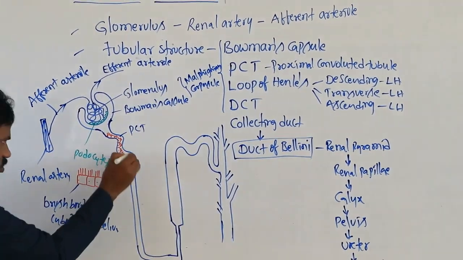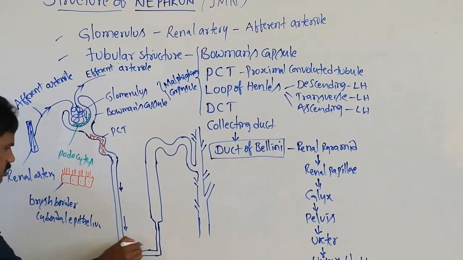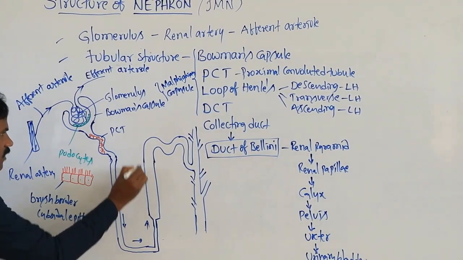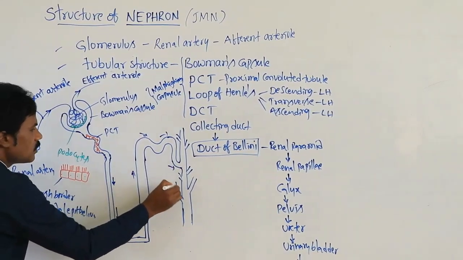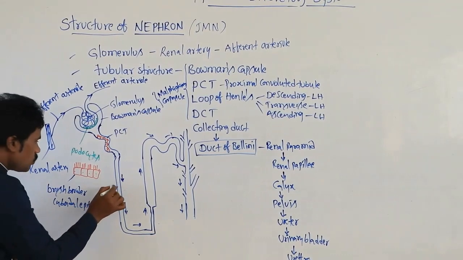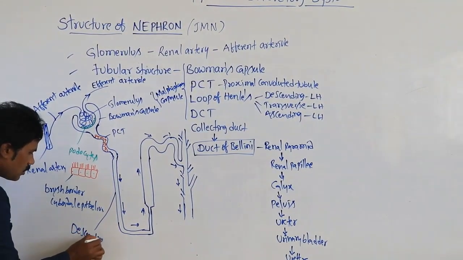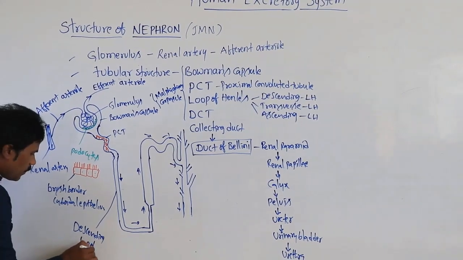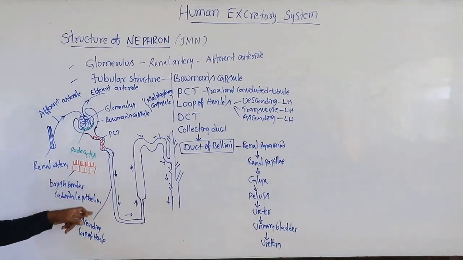Then this is the descending part. It flows in this direction, like this. This part we call the descending loop of Henle.